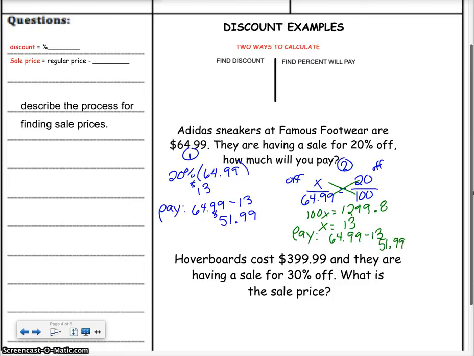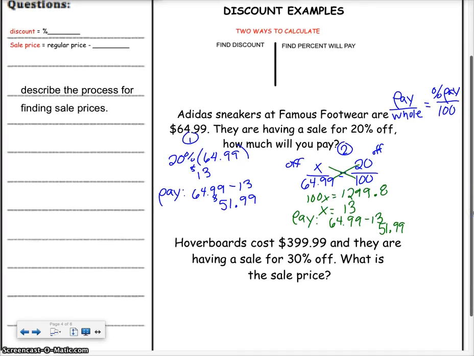The proportion that I like to use is pay is to whole as what you pay, percent pay, is to the whole 100%. That way it will immediately tell you what you're going to pay. So if I set that up, my whole is 64.99. 100 is over here. If I get 20% off, then I pay 80%.